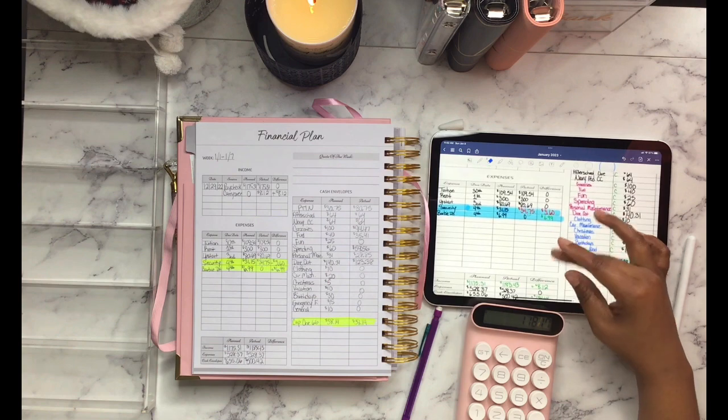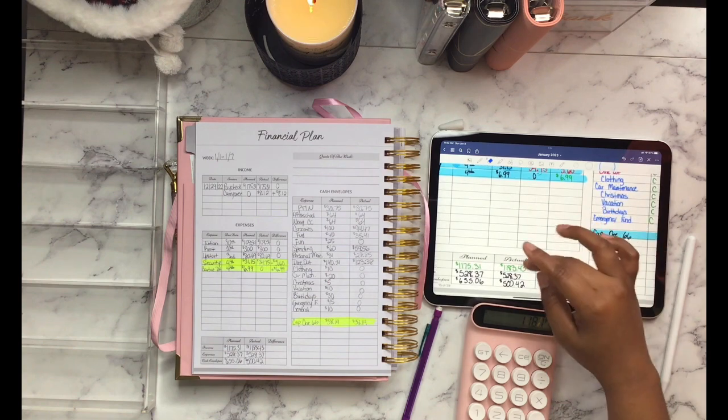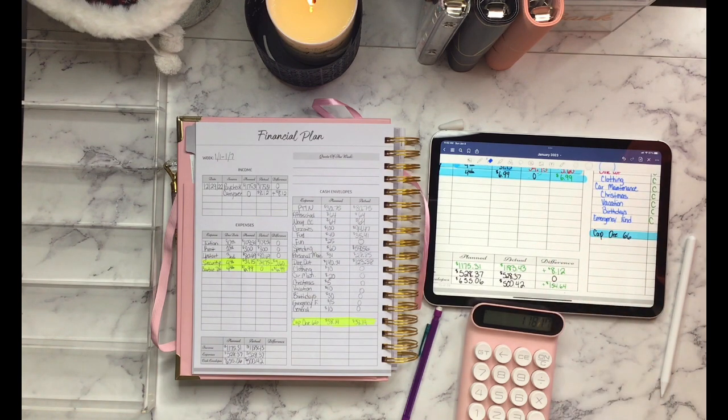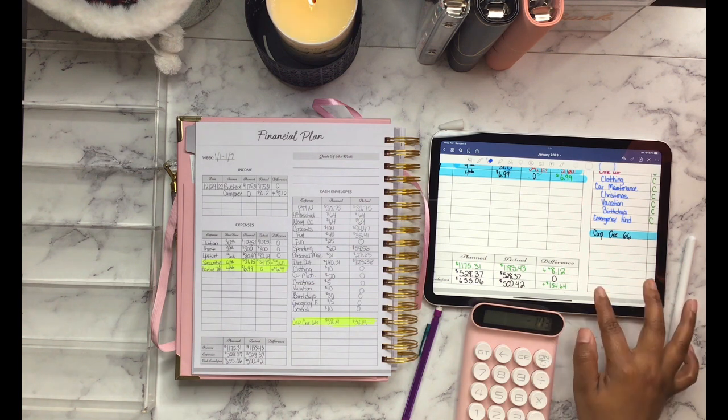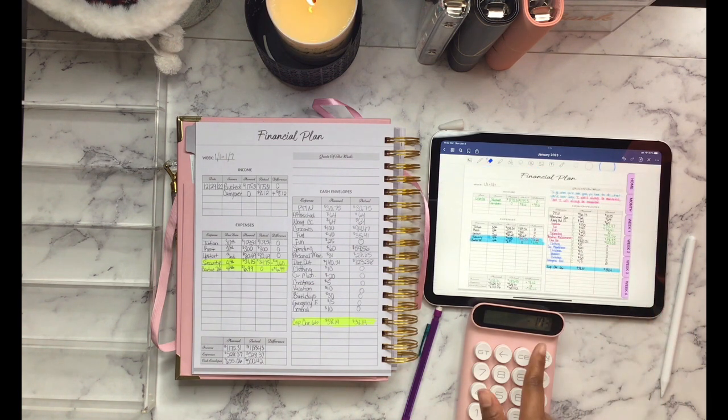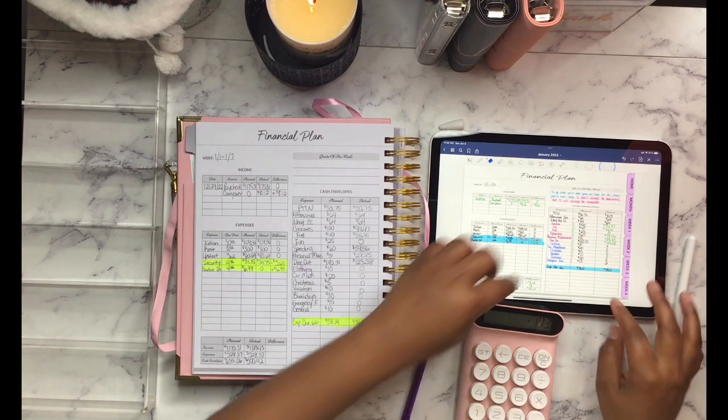So if I take my actual income minus that number, I get $1.73. And I did check my bank account, and that is the amount that I had left over.